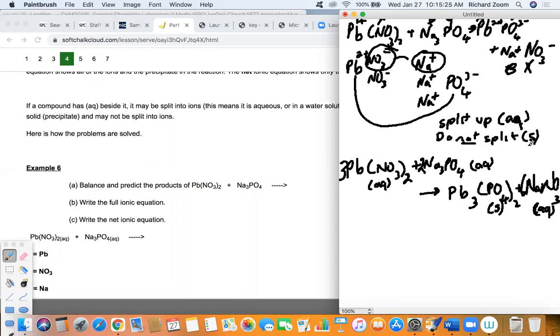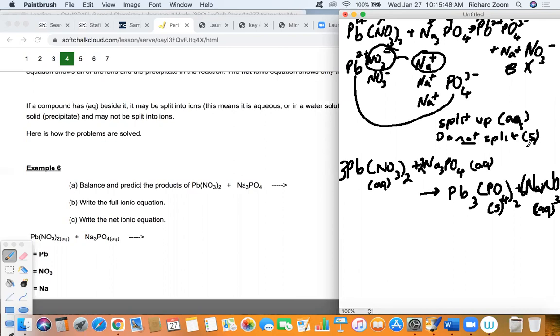The reason Pb3(PO4)2 is a solid is because it doesn't split into ions. That's the reason it comes out as a precipitate to begin with. But anything in aqueous solution is present just as ions.